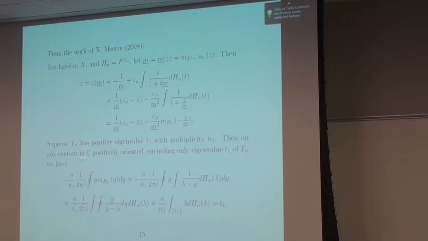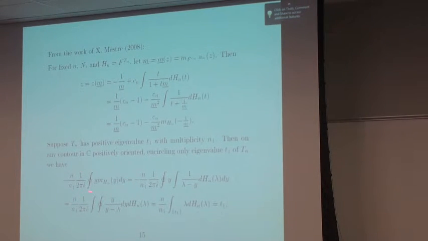Then on any contour positively oriented encircling only t1 of Tn, we use Fubini's theorem. Let me go quickly with this. The idea is that this thing is equal to t1, and we can write t1 in terms of this complex integral, where we integrate over the complex plane, only including eigenvalue t1.